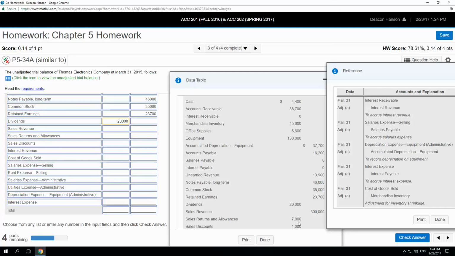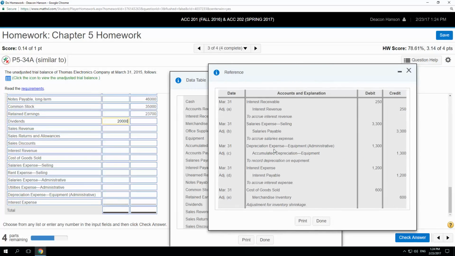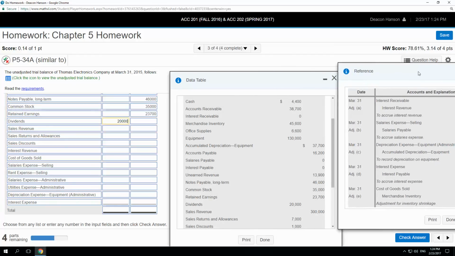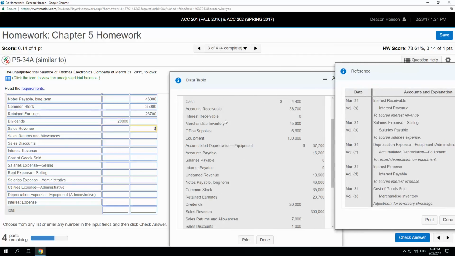Sales revenue, let's see. Started with 300,000. Nothing done to sales revenue, so we can pull that 300,000 over. Sales returns and allowances, I don't see anything with that, so I'll pull that over, 700. Sales discounts. Interest revenue.